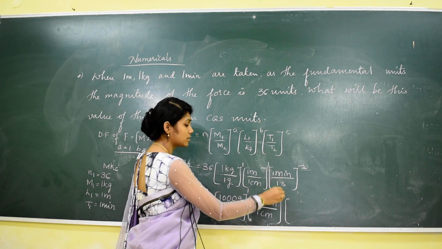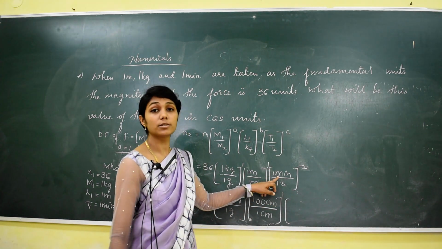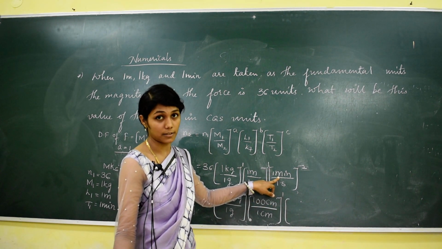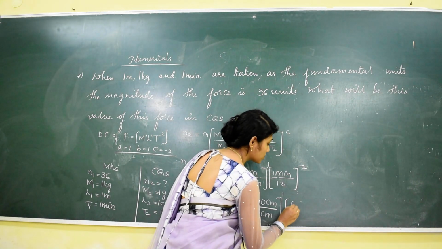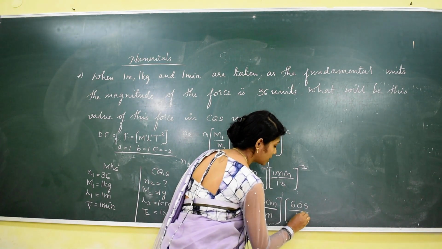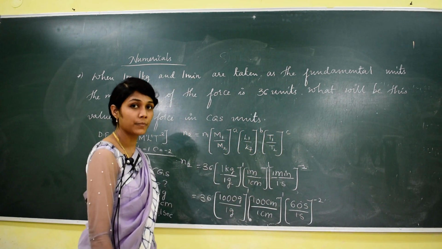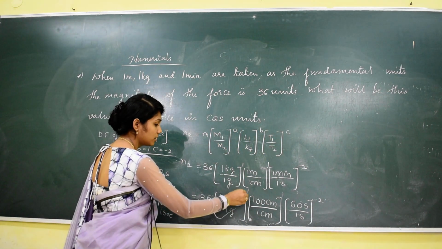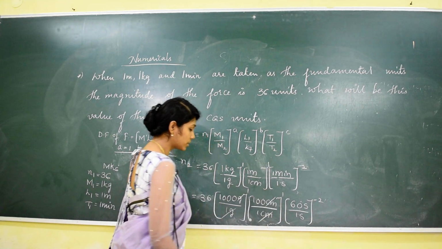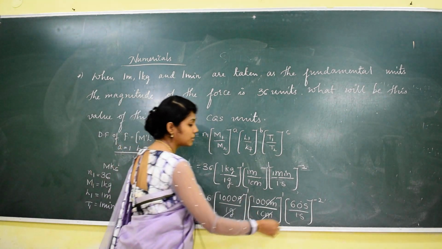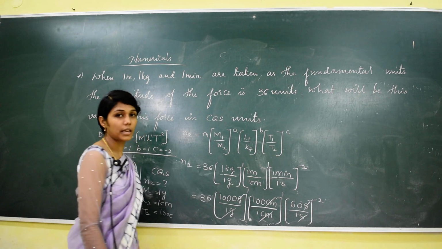This is raised to 1, this is raised to 1. 1 minute is 60 seconds, we all know the basic things. So 60 seconds divided by 1 second, raised to minus 2. Now I am going to cancel the terms which cancel out: gram, centimeter, second get cancelled.